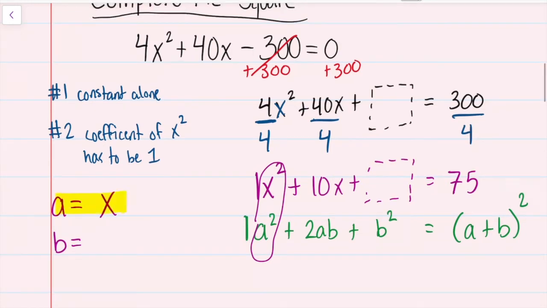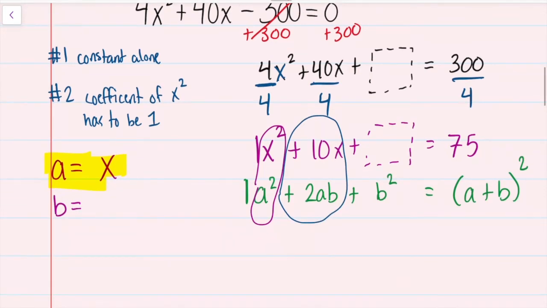So a is equal to x. The next one, we cannot find b just by looking at this because it's empty. It could be anything. To really figure this out, guys, we have to look at the middle, which is 10x is equal to 2ab. So 10x is equal to 2ab. But guys, didn't we just say that a is equal to x?